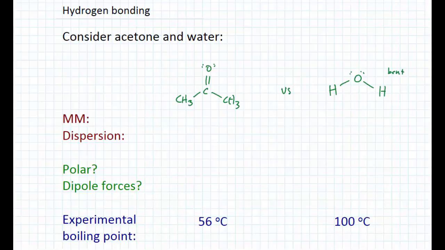Okay? So, estimates for molar mass, I got 58 for that one. That's 15 for the CH3, and so 30 for the CH3s. 30 and 12 and 16. That's 58. Okay. So 18 for water. So which of these, acetone or water, which of those has stronger dispersion forces?